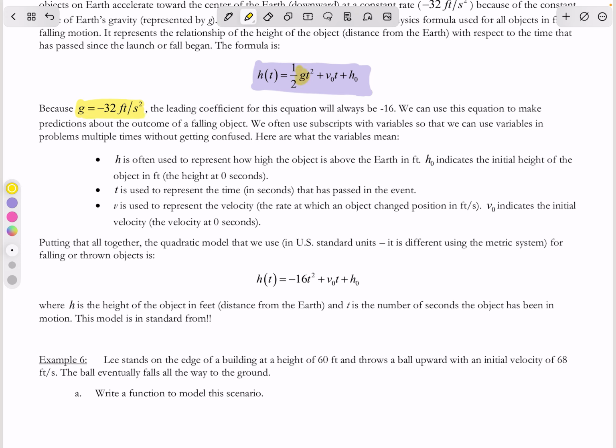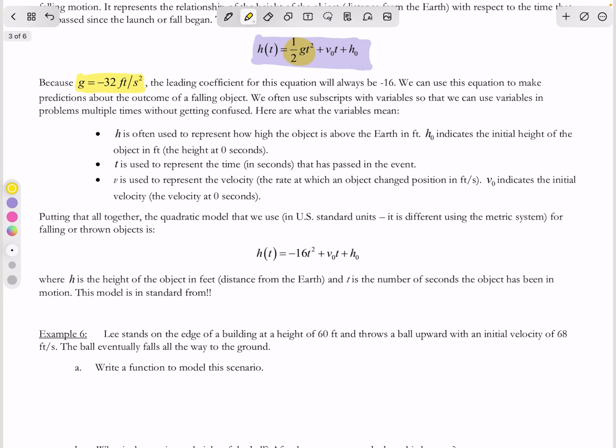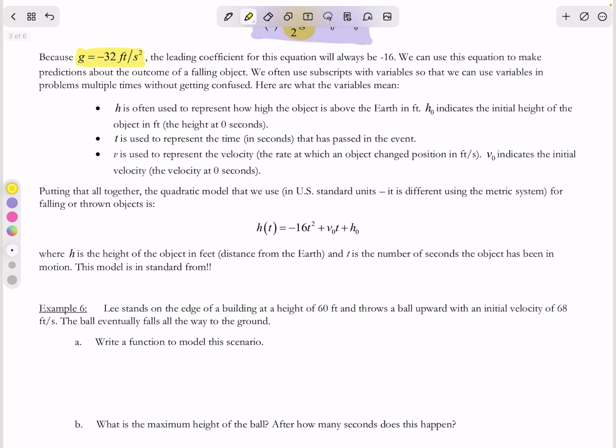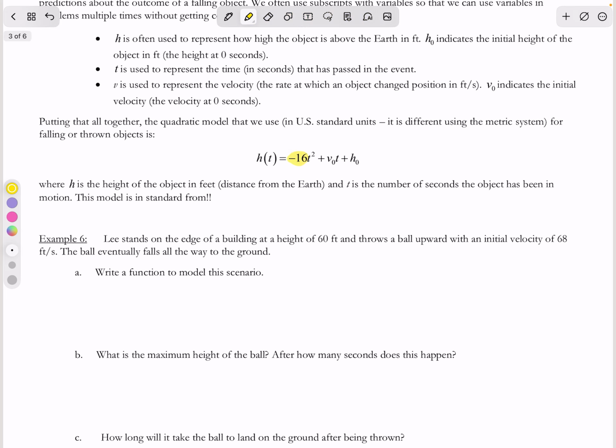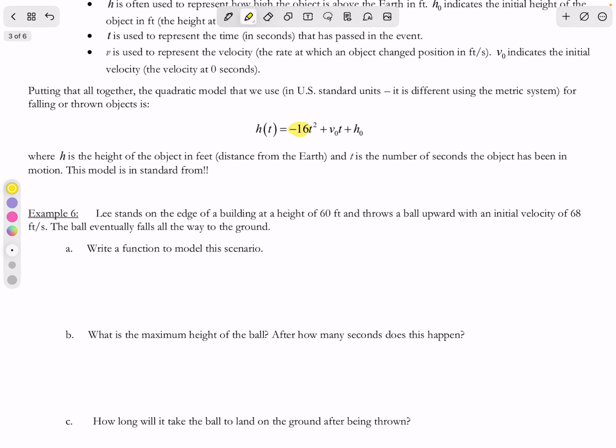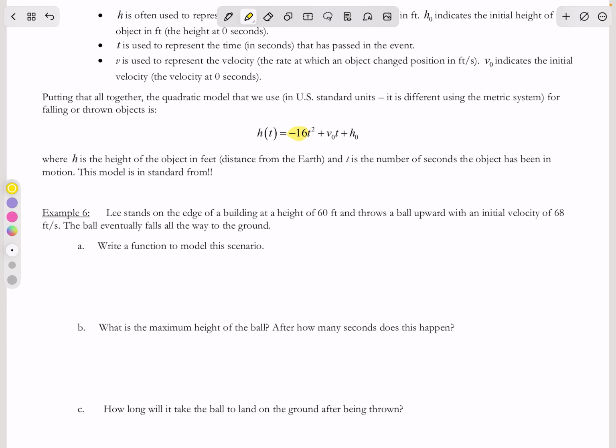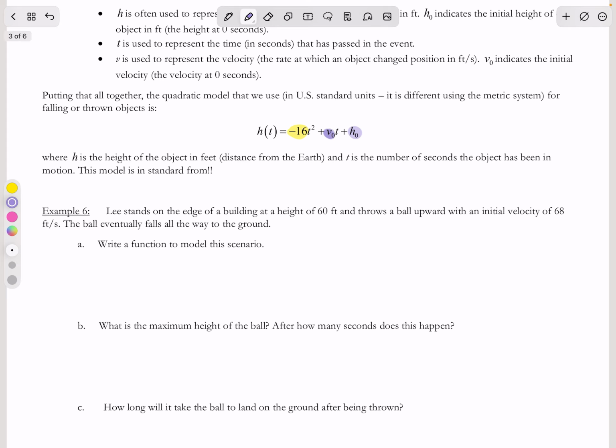So when I plug that in for g here, negative 1/2 times negative 32, I get negative 16. So this formula applies to any object in free fall on the Earth. And essentially, these two numbers are just drop-ins. You find them from the context of the problem, and you've got yourself a formula that works for that particular situation.